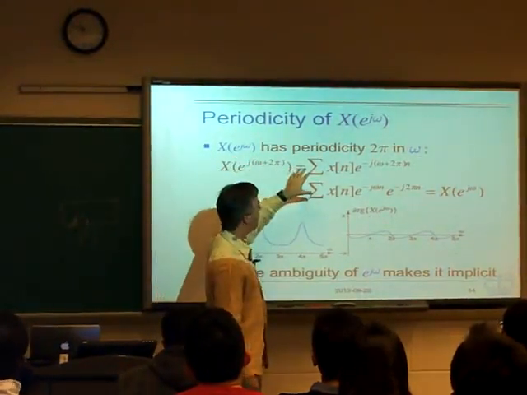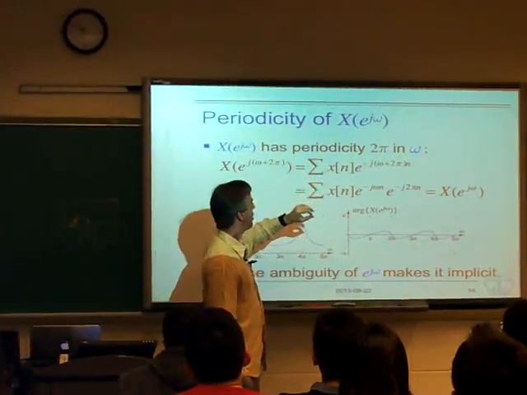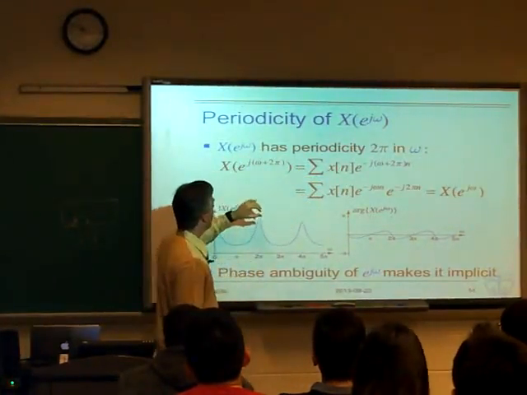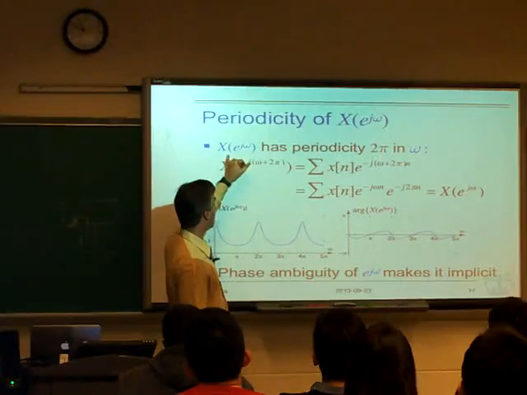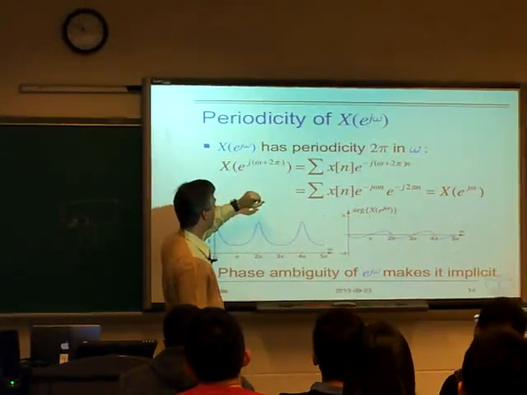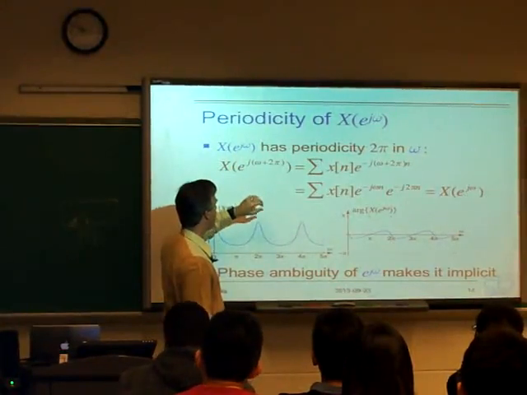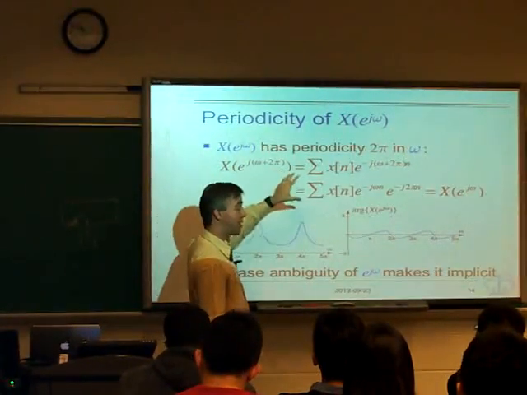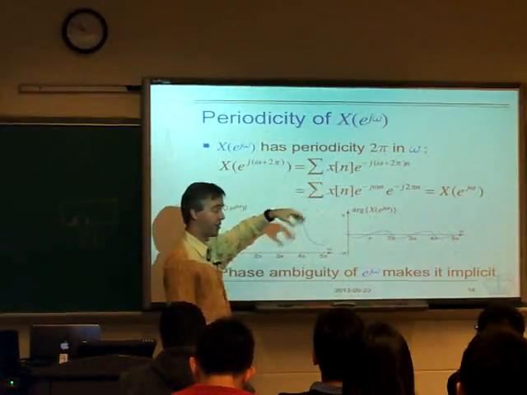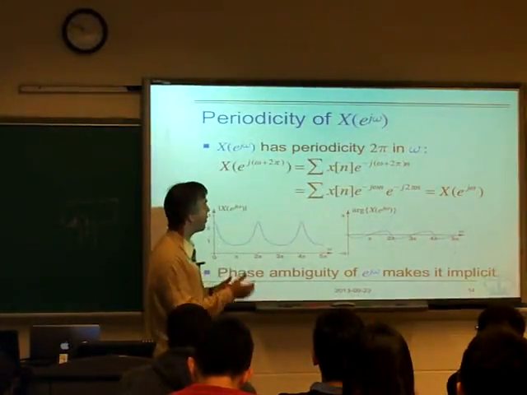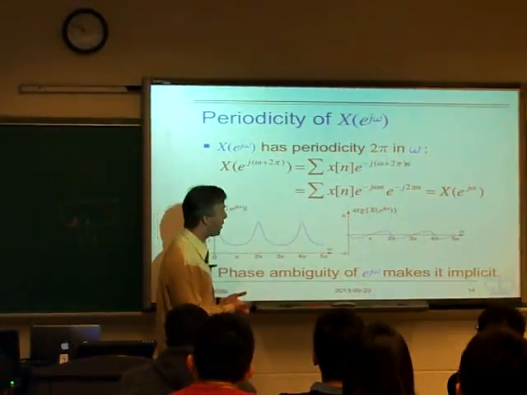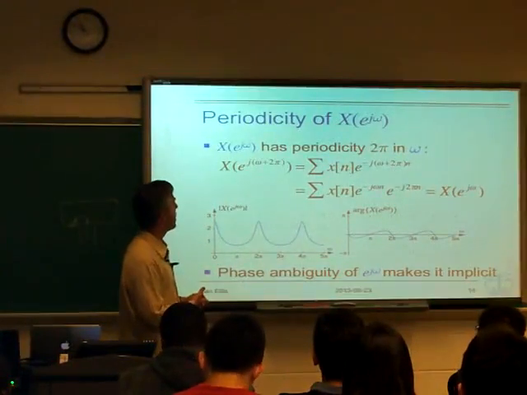So we were thinking about that just as a function of omega. We write it as X of e to the j omega. And just as an observation, we noticed that what we got was a function that was periodic in omega with a period of 2 pi.